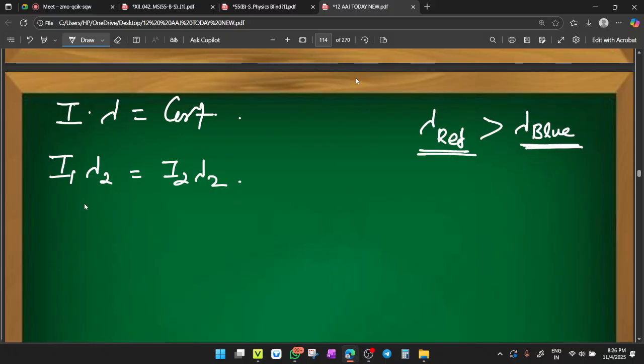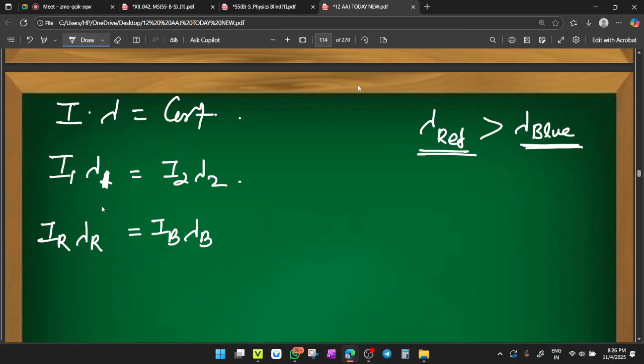Clear? So to keep the value constant, I1 lambda 1 equals I2 lambda 2, so I red lambda red equals I blue lambda blue.